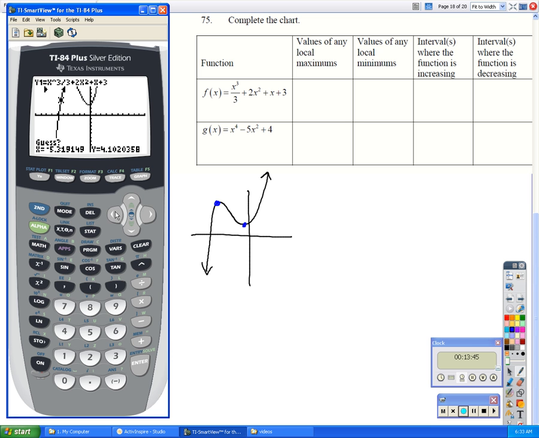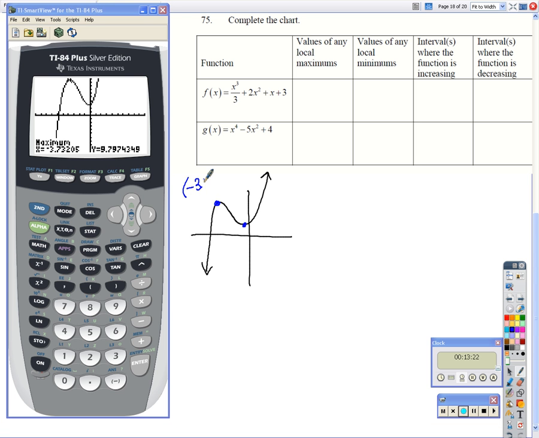Go back towards, oh, let's try that again. I didn't get on the other side. Maximum. Okay, to the left. To the right. I'm going to go back towards it. And this point right here is negative 3.73, 9.80.